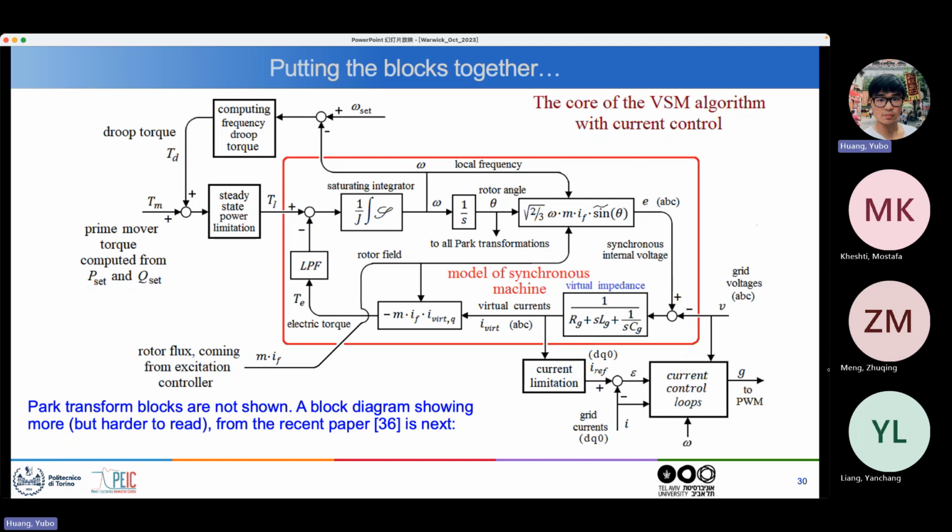And you have the current loops, which I didn't mention how to do, but the idea is that the actual currents which you get will remain purely sinusoidal, so your limitation will not distort the current. You limit the DQ components, but the actual ABC currents remain pure sinusoids.